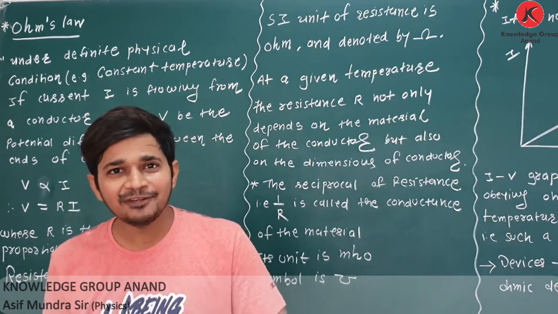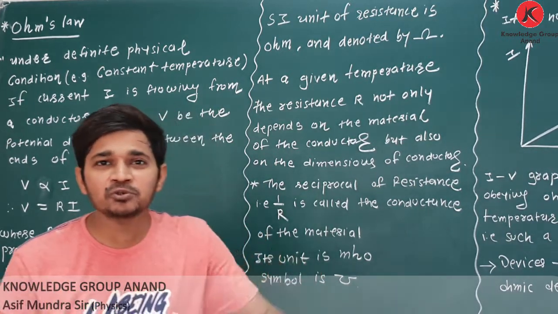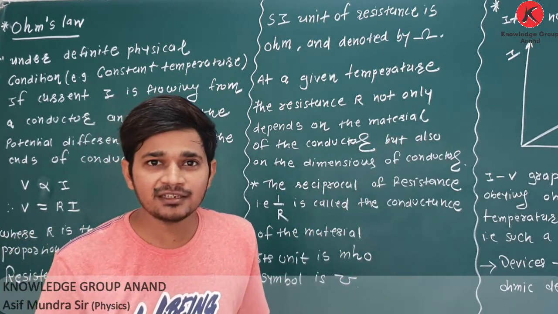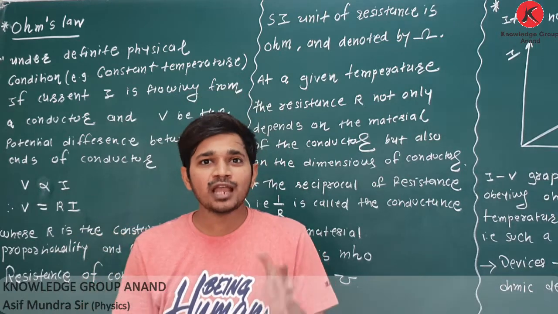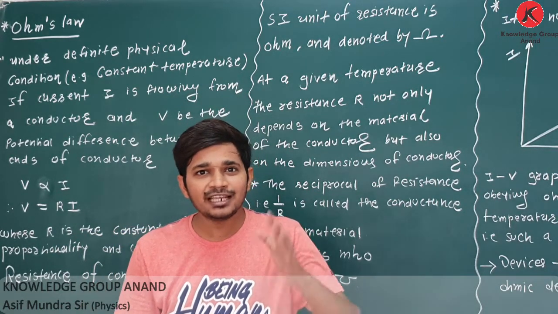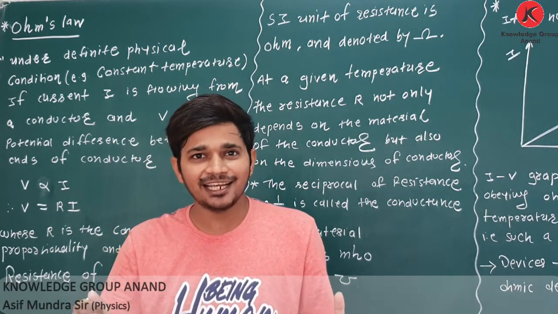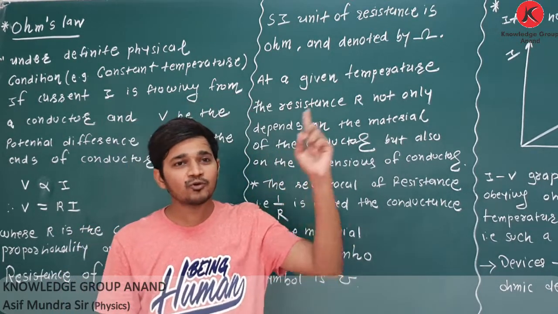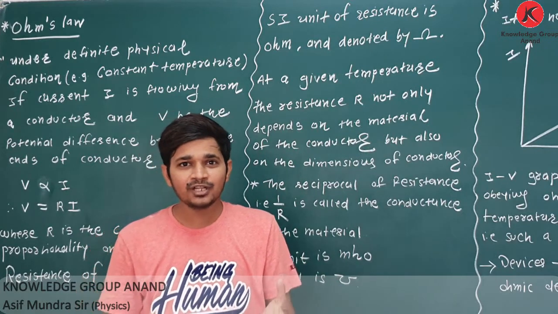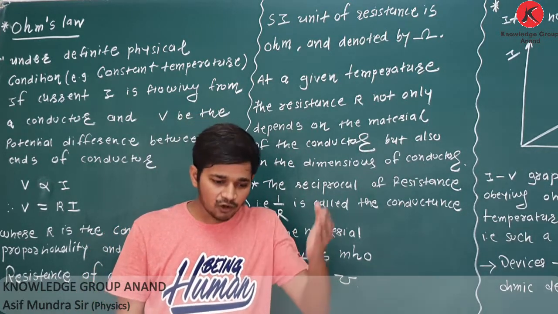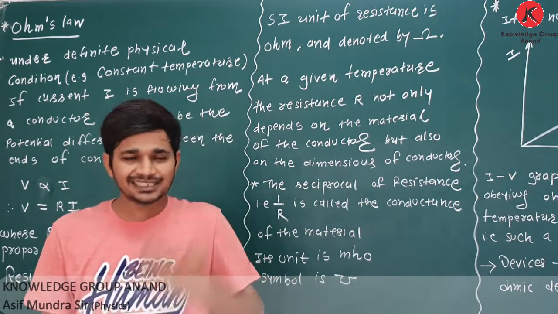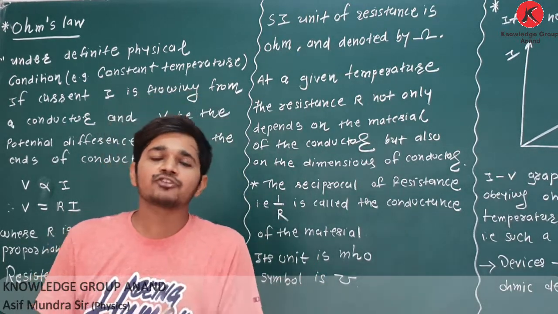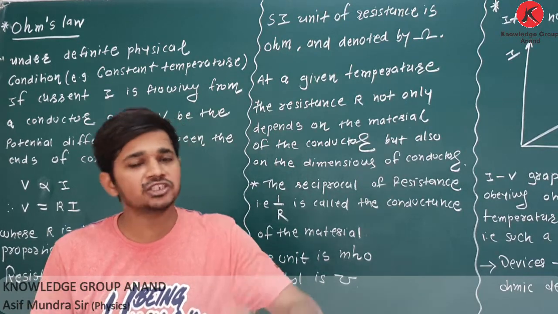But if you touch 230 volt or 240 volt, that is in our house, then you will experience a shock. Again, if you touch the cable of an overhead train, you can observe from such results that the current flowing through an object depends on voltage, that is potential difference.